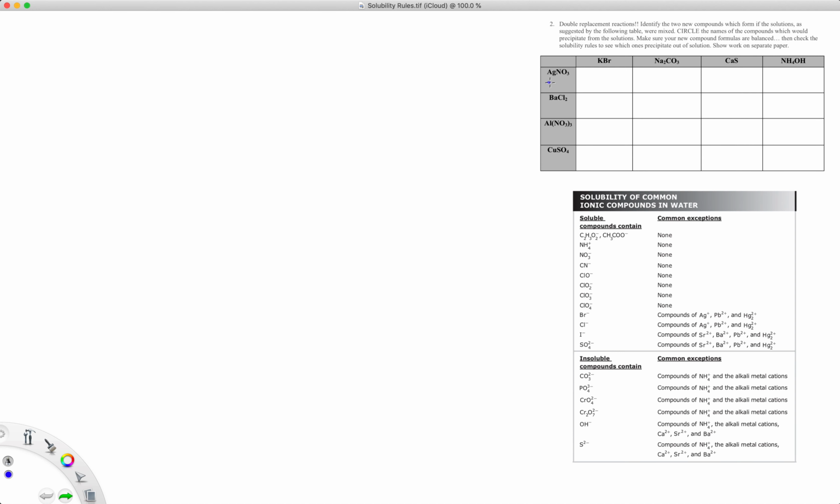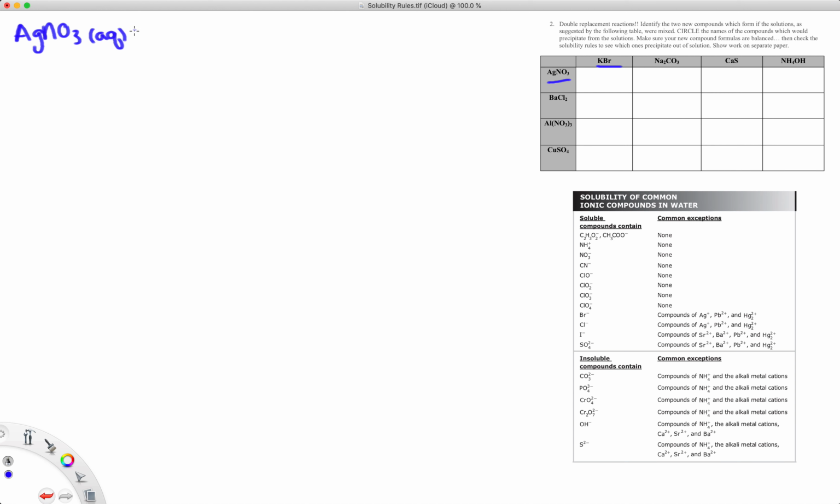So for this first example, we're going to use silver nitrate and potassium bromide. To start off, I'm going to write out the equation for the reaction. So I have silver nitrate, and this is going to have to be an aqueous solution. Ionic substances have to be dissolved in something usually in order to react.